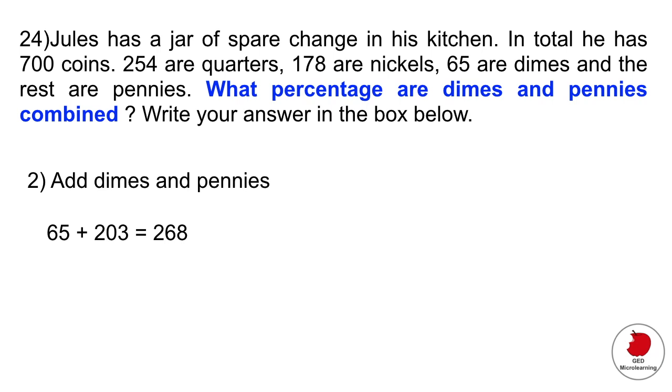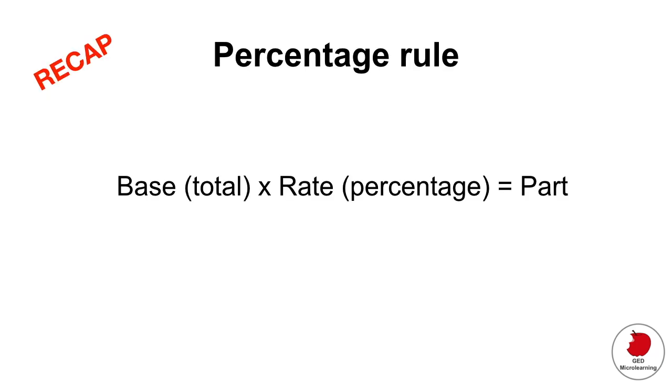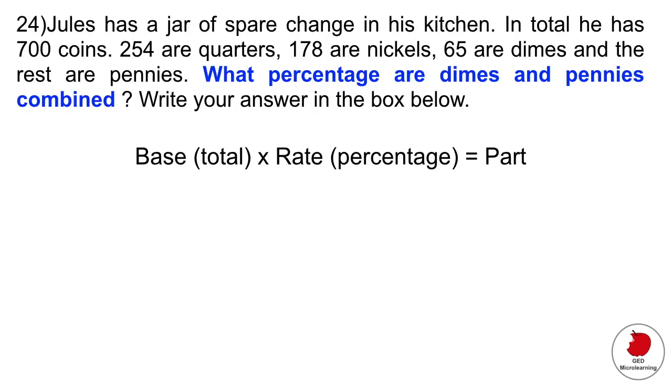So now that we have that amount, we can go ahead and find the percentage. And again, notice that here we're using this same rule. So again, make sure you memorize this. It's super easy when you know this rule. So all we have to do is plug these numbers in that we have found out. So the total, or the base, is 700, which they give us in the question.